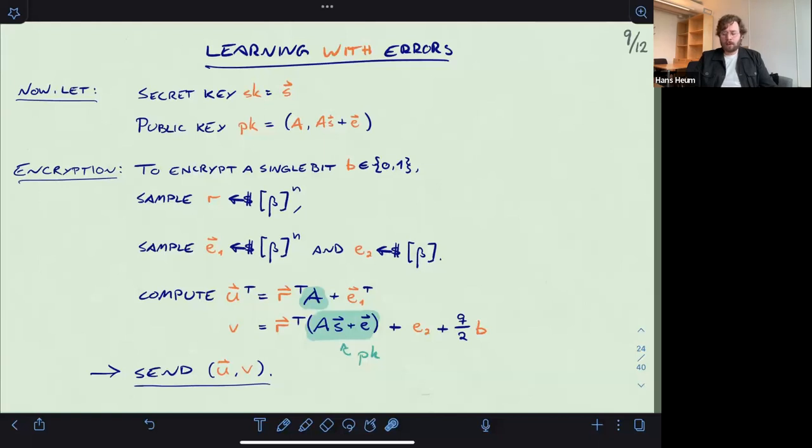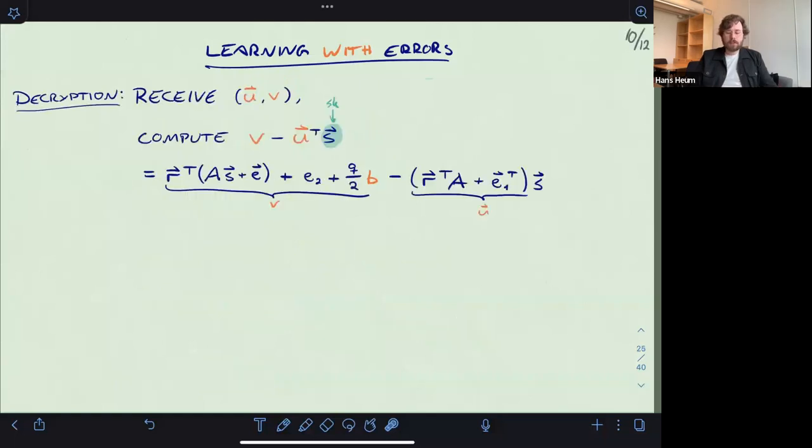You will see in a bit why this ends up working pretty nicely. But remember that Q is the modulus that we operate over. So Q plus 1 equals 1, for instance. So then you send this ciphertext, U vector and V, and then hopefully we are, as receivers with access to the secret key, able to recover the bit B.